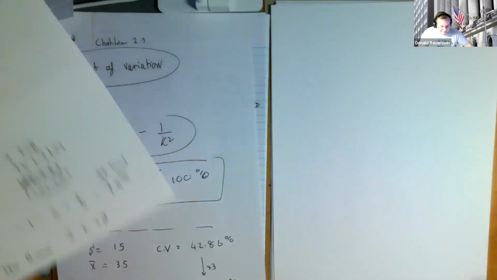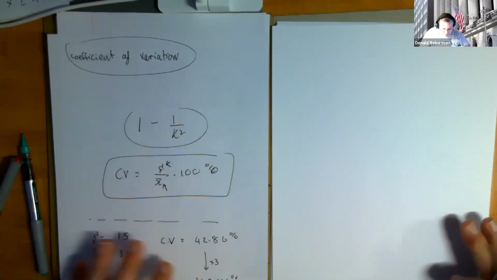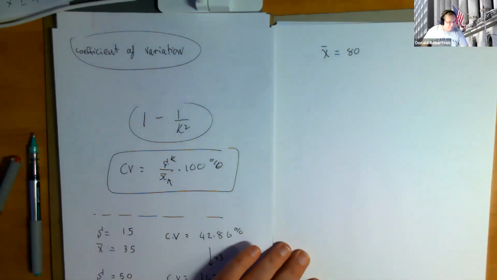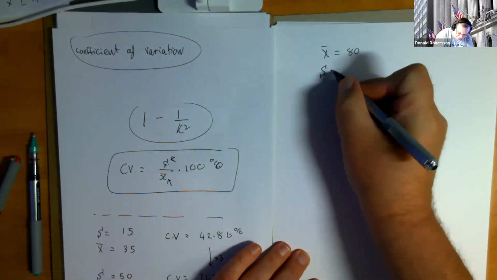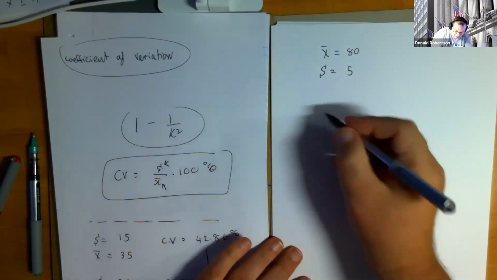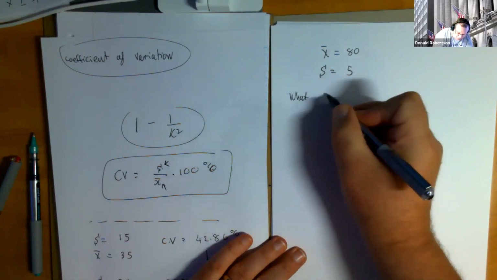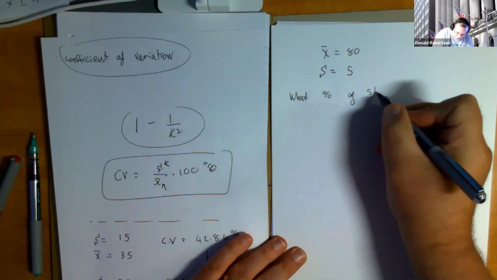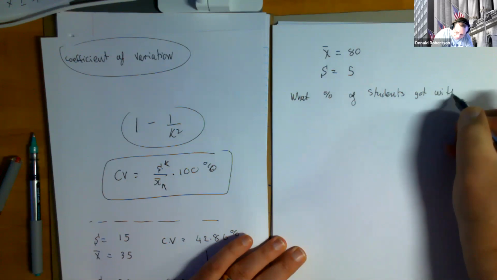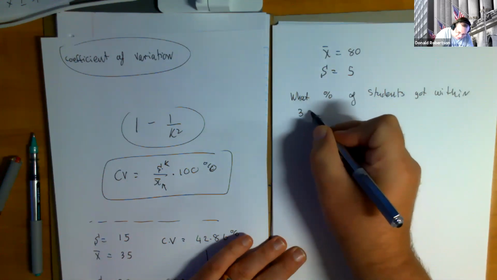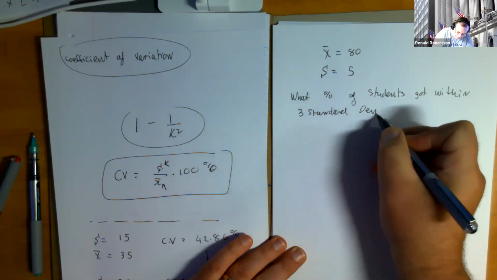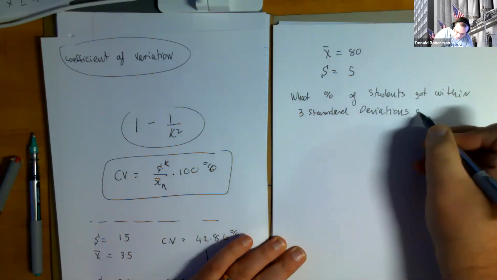Let's try that again. Let's suppose that we had a test and the mean of this test was 80 and the standard deviation in this test was 5. And I would like to know what percentage of students got within 3 standard deviations of the mean.